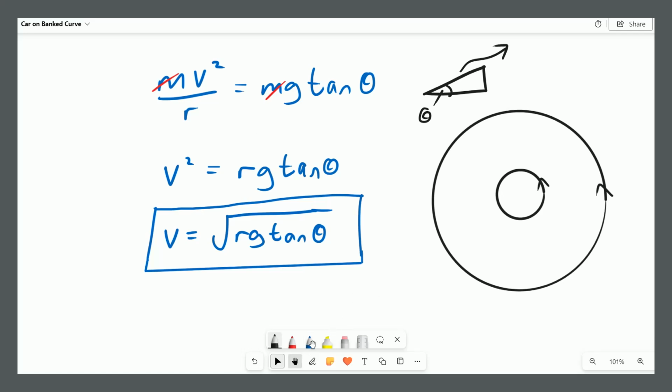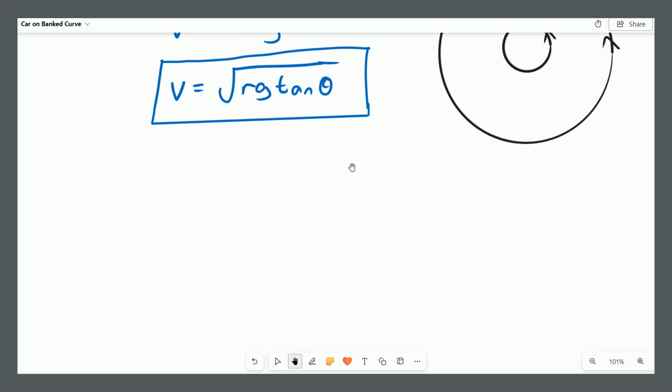And then we have that tan theta there. And this becomes pretty clear when we put in some extreme values. Let's say theta is equal to 0. Well, that means that there is no inclined surface. You're just on a horizontal road. Well, if theta is equal to 0, the tangent is also 0, which means your maximum velocity is 0, which means you're going to spin out.